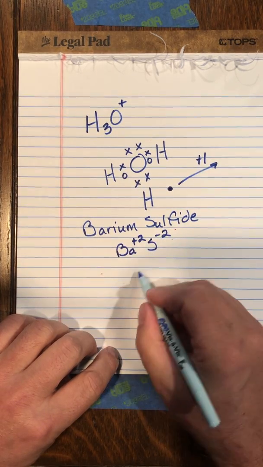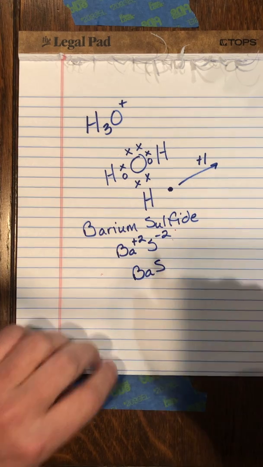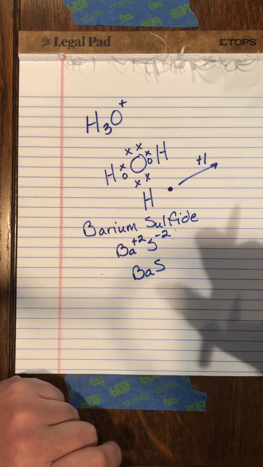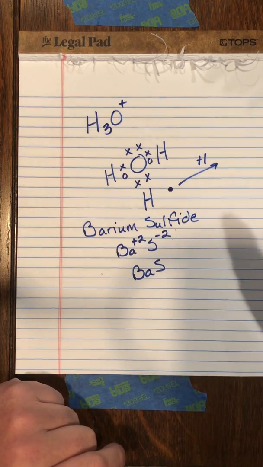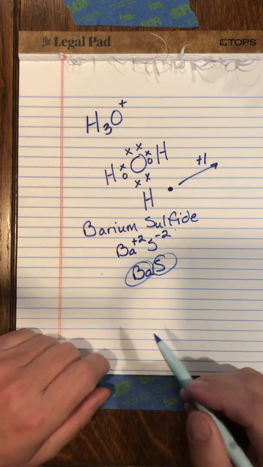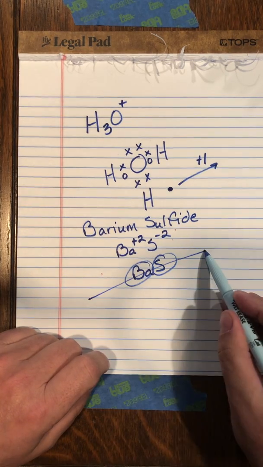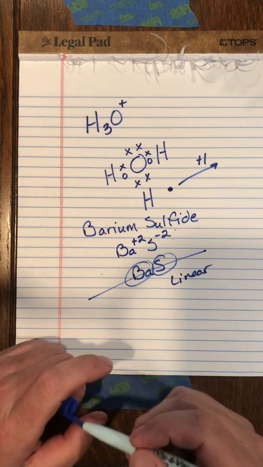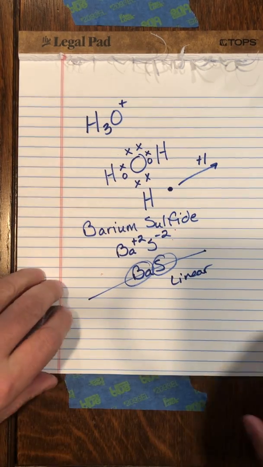Plus 2 minus 2 cancel, so you get BaS. All right, you're going, well, I don't know what shape that is. I don't even have to do the dots. There's no reason to do the dots. There's only 2 things, and I told you 2 things can only be in a line, so this would be linear. 2 things can only be in a line, linear.